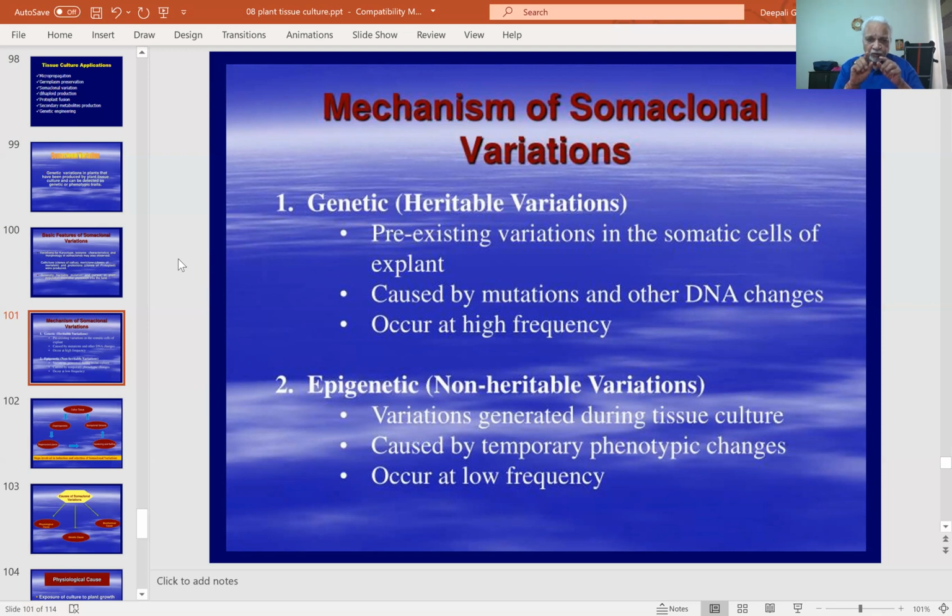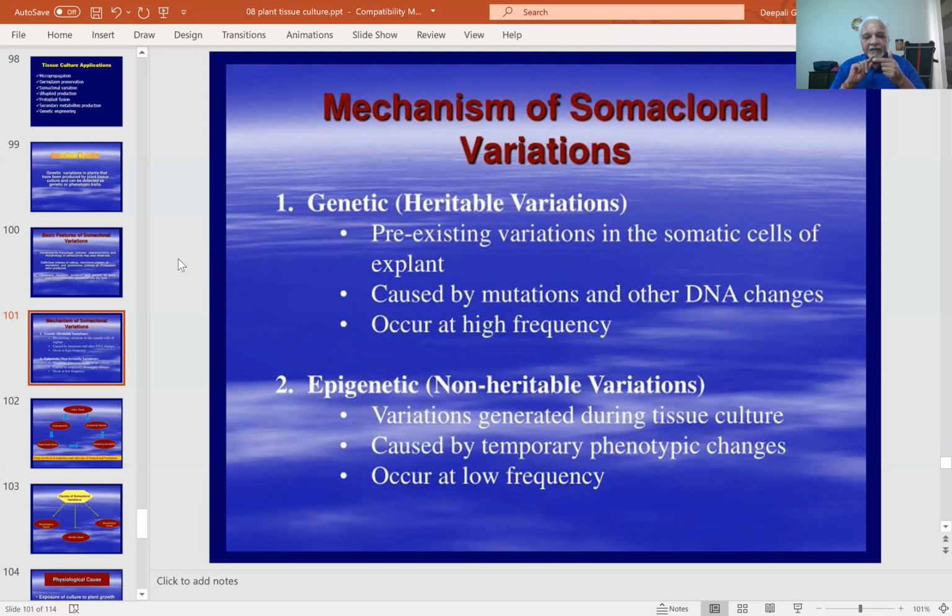That can be one source, or it is caused by mutation or other DNA changes at the somatic cell level. And these kinds of changes occur at high frequency.